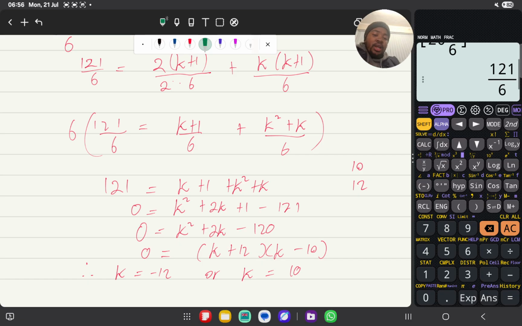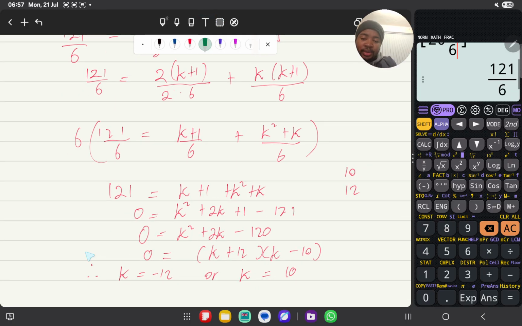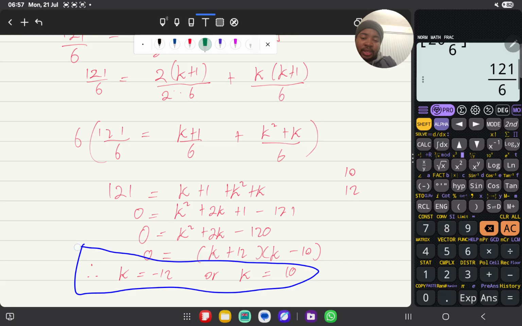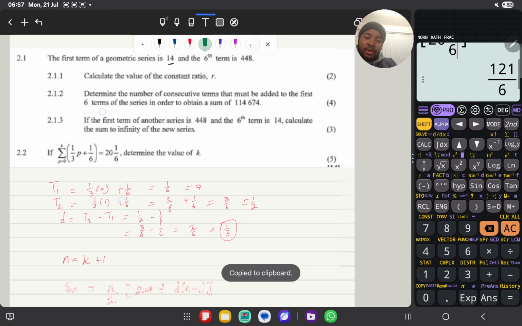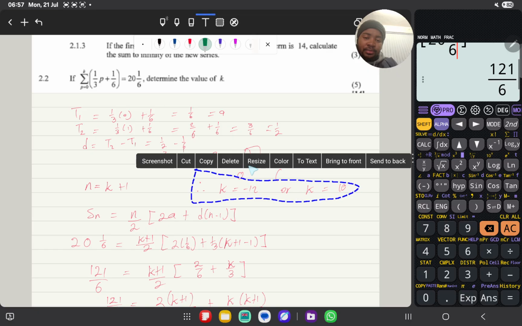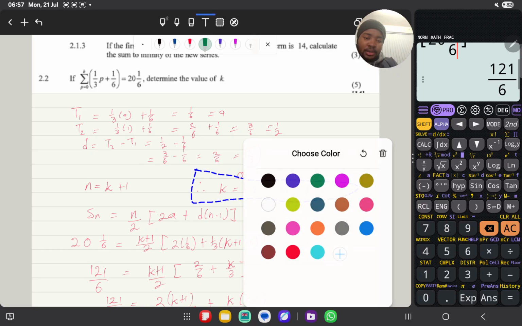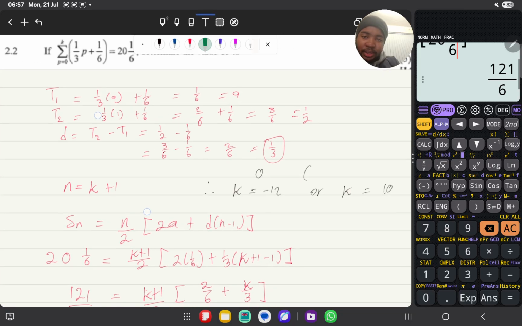So now which value of k makes sense? I'm just going to copy the k's and paste them somewhere here with some nice coloring. Black is fine.